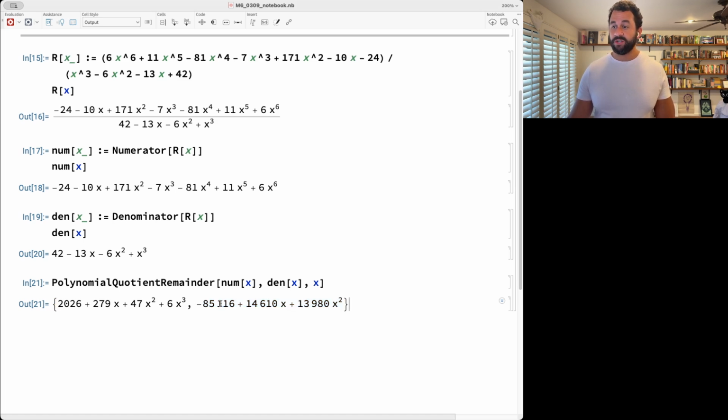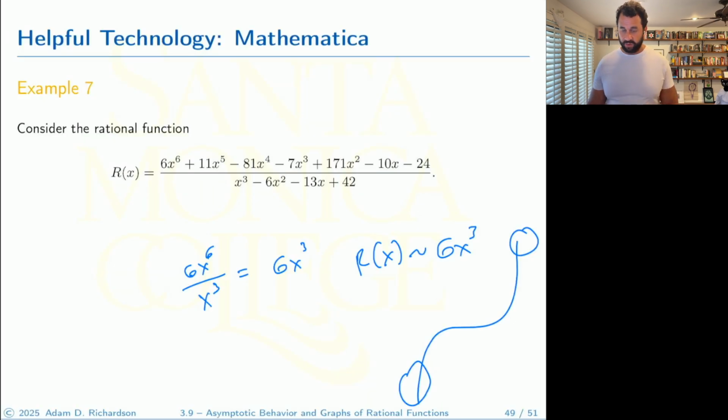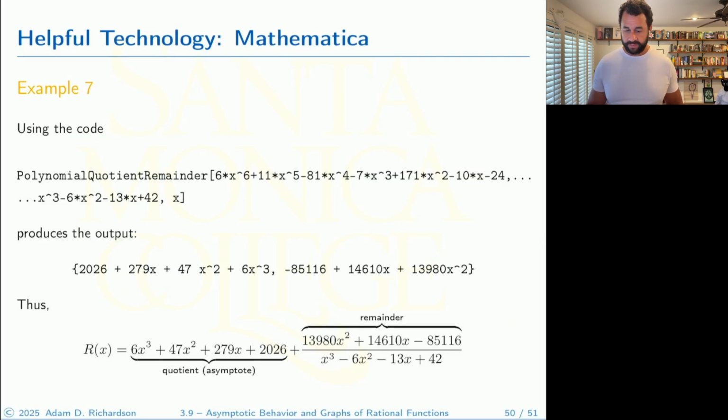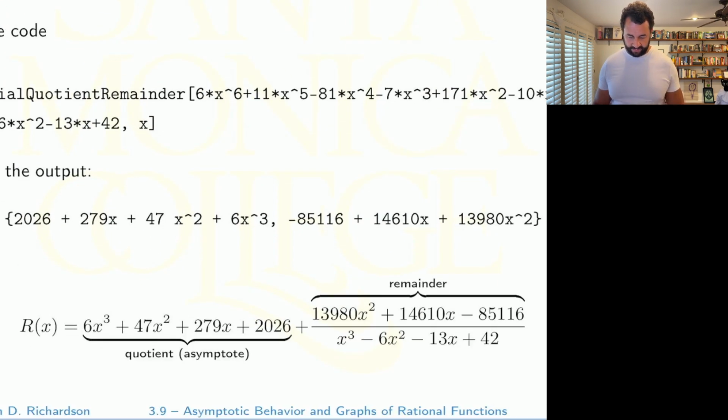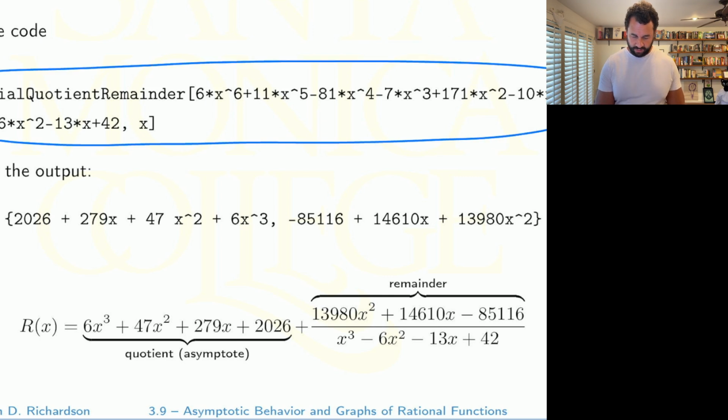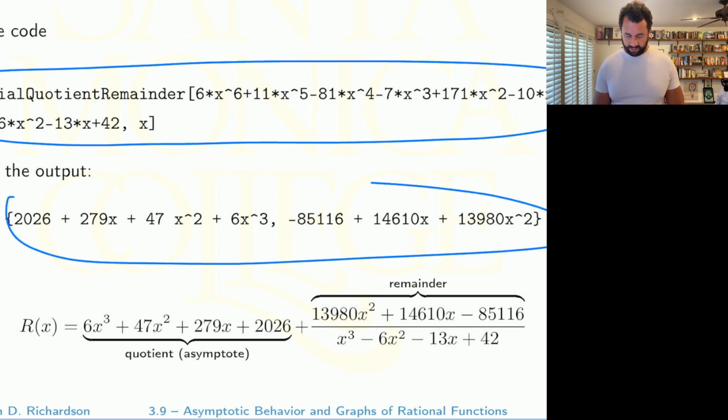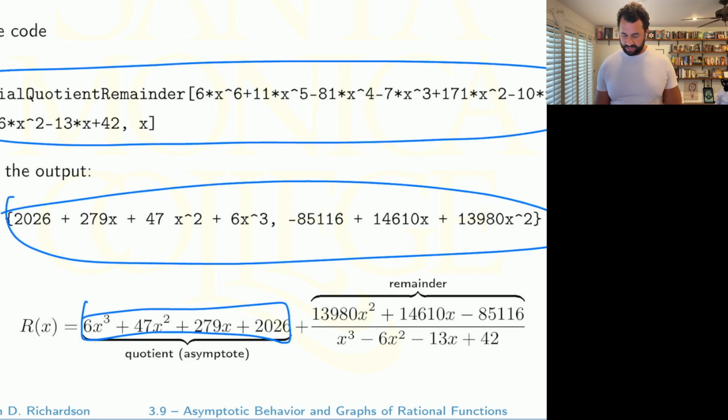Now that we know the quotient and the remainder, we can write r of x in that form. Let me go back to the slides. Here it is. This is just me putting in that code, and this is the output that we just saw. Here's the quotient, that's the polynomial asymptote. This is the remainder that it spit out.